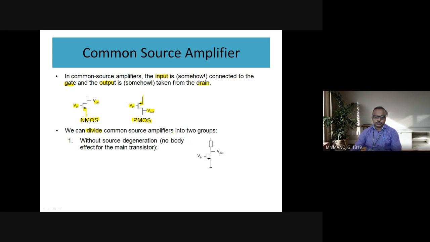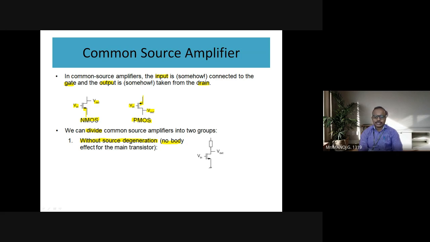Now, when you look at the source amplifier, all your analysis will be divided into two groups. The first one is called without source degeneration, which means there is no body effect coming into play, right? So when you come for the next class, please study what is body effect.